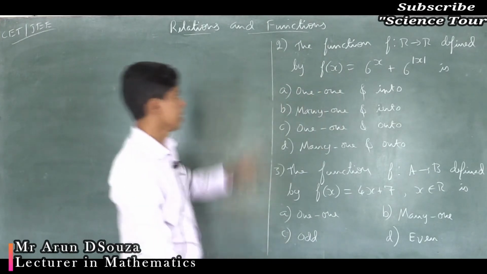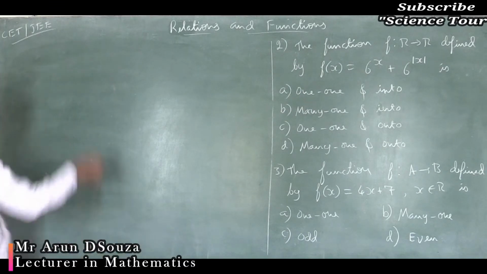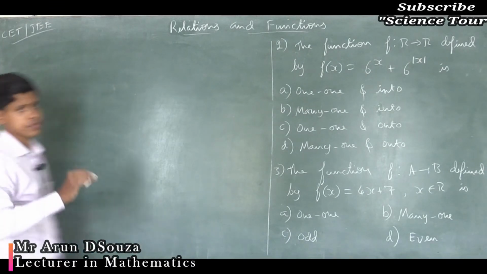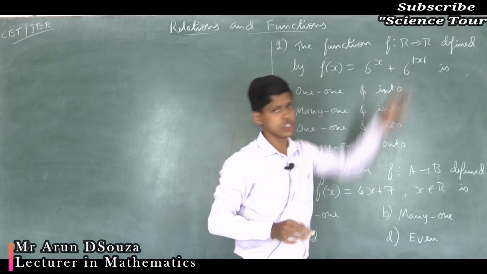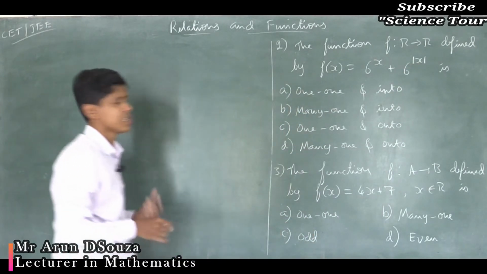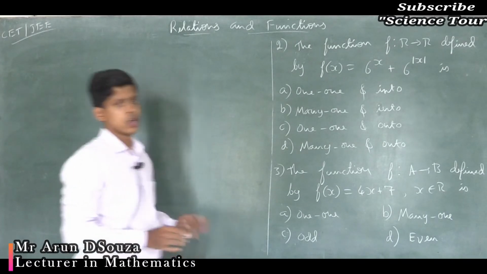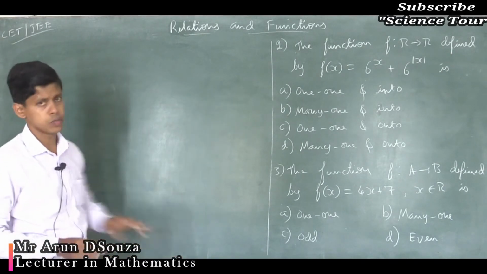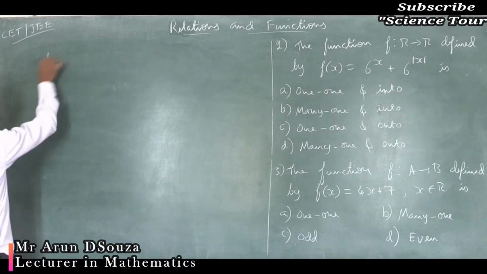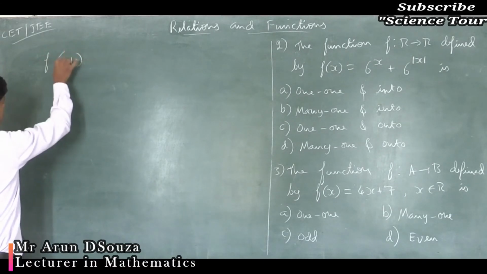Let us see. Now, first of all, you have a modulus function here, alright. So, that makes everything positive. Now, first of all, do you get a unique output? Let us check it. So, let me take minus 1, alright.